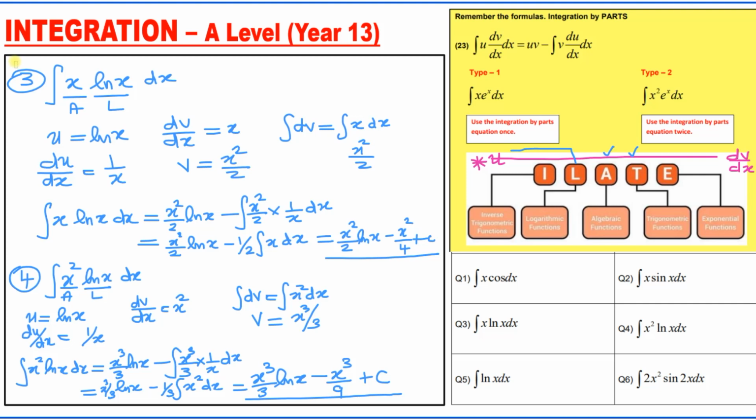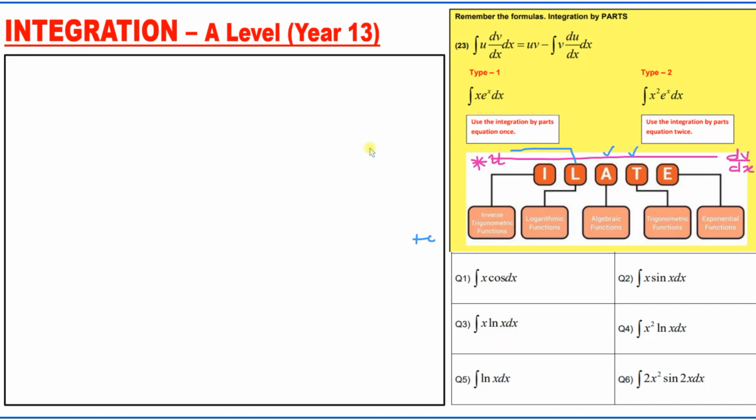And now question number 5, it's a very famous question in integration, right? There is no clue given what type, and you need to understand that it is integration by parts. So integrating just ln x, a very famous question, just ln x dx, and there is no other means of doing this question.